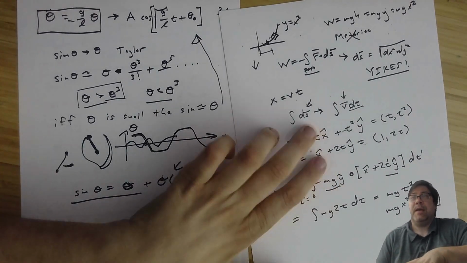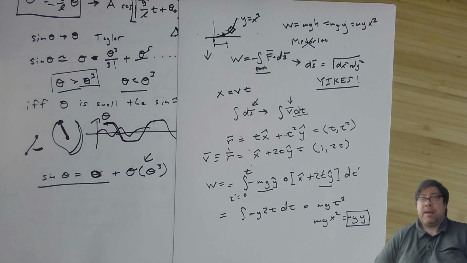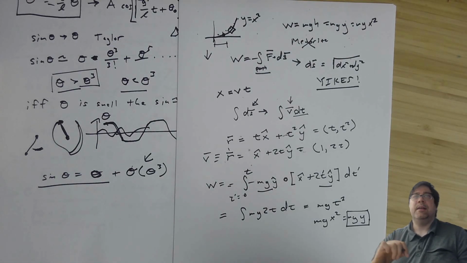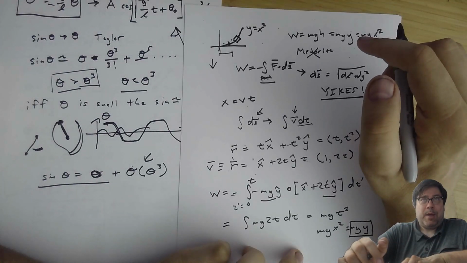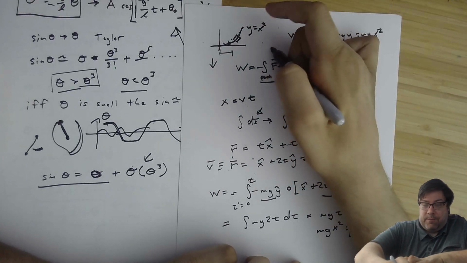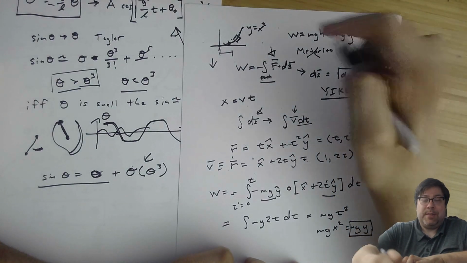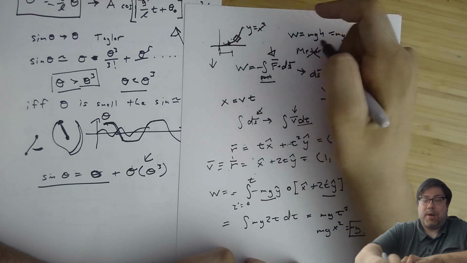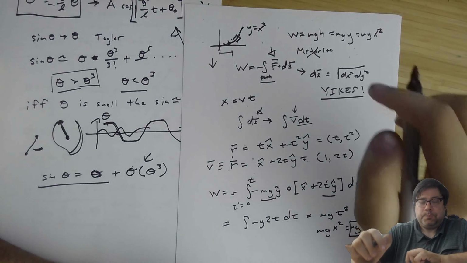Okay, so we got the same answer, the answer that we knew had to be the right answer, but we did it in a different way, right? And we did it actually in a much more fundamental way, right? So we didn't have to make a whole bunch of assumptions. For example, this force could have been any strange force we wanted. In this case, it's a conservative force, and that's why these moves all worked, and we'll learn about conservative forces during this course.